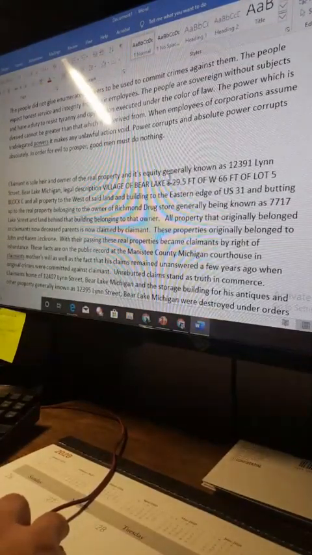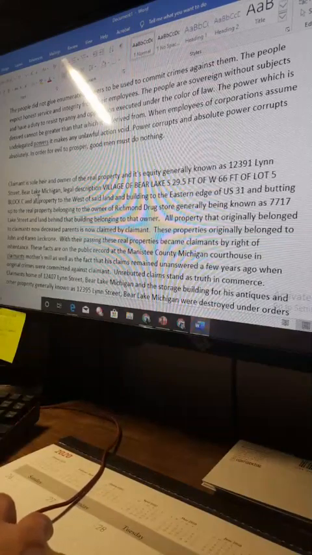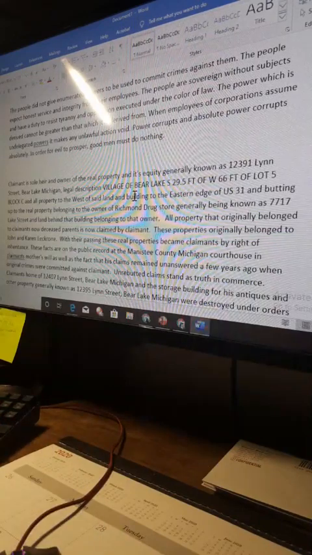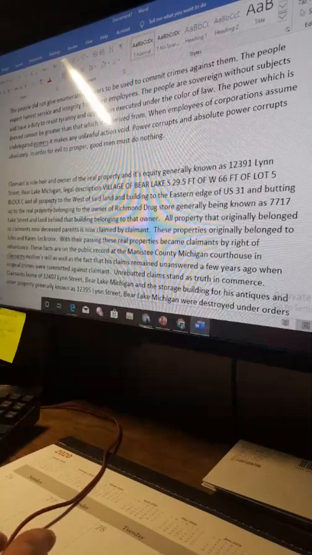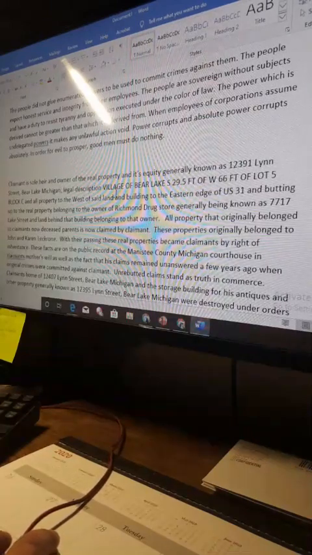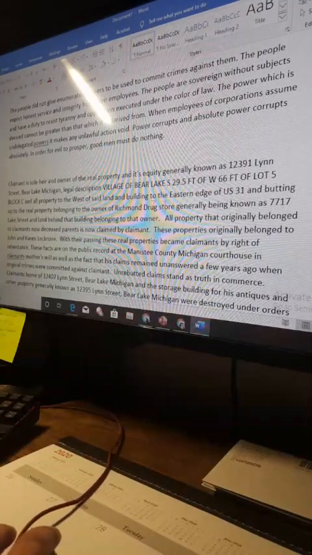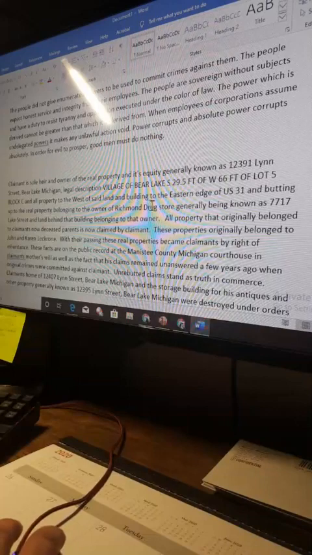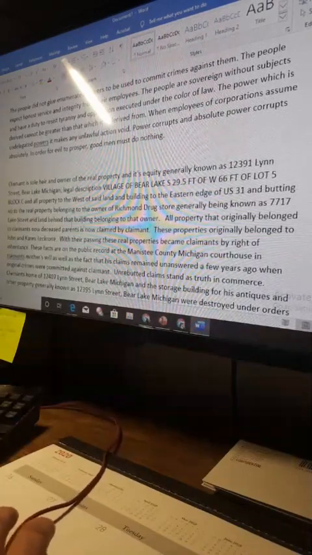Claimant is the sole heir and owner of the real property and its equity, generally known as 1239 Lynn Street, Bear Lake, Michigan. Legal description, Village of Bear Lake, and I'm not going to read the rest of his personal details, and all property to the west of the said land and building to the east edge of US 31 and butting up to the real property belonging to the owner of Richmond Drug Store, generally being known as, and there's another address there.